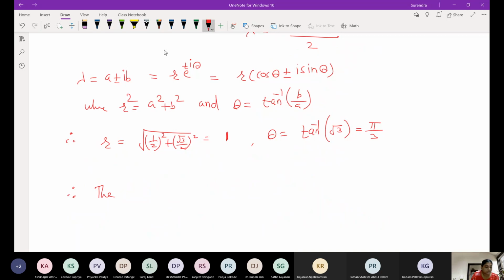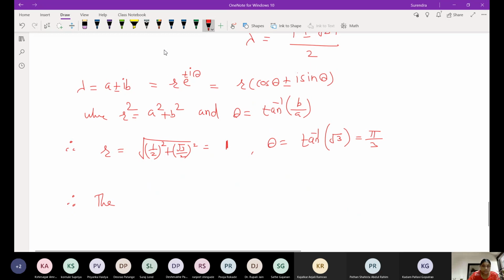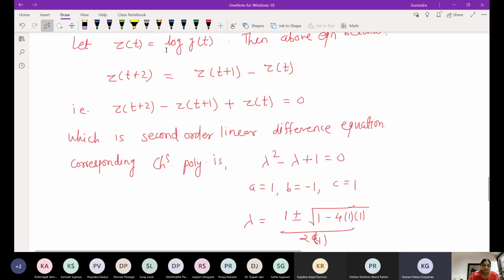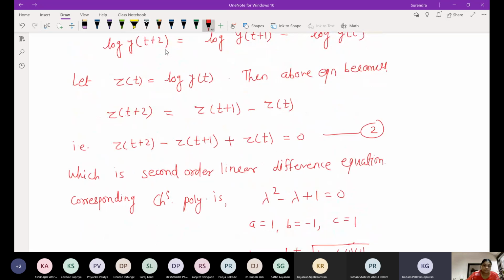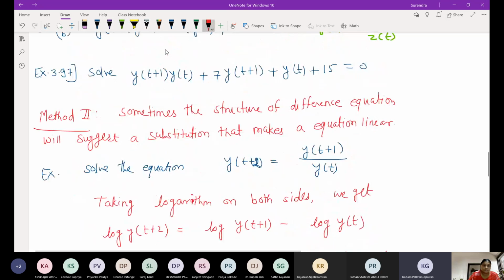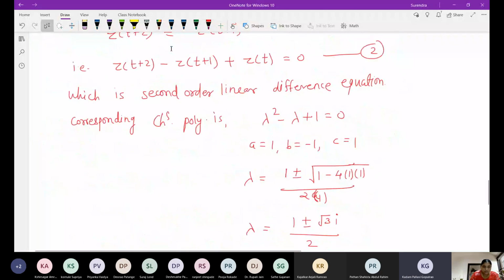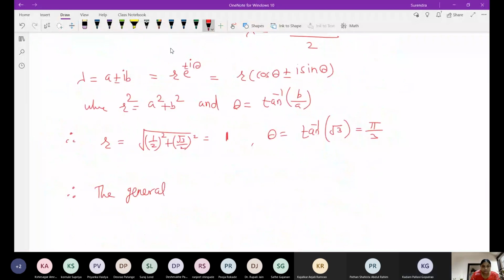The general solution of equation 2 is z of t is equal to what then?